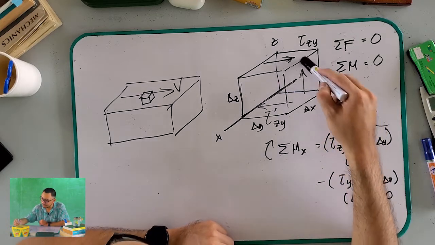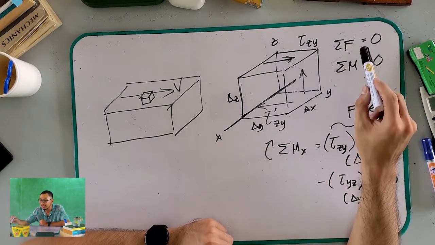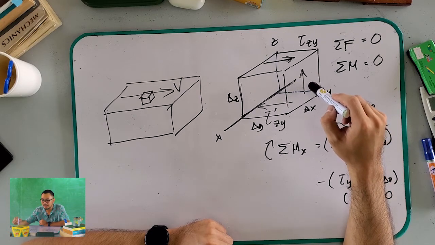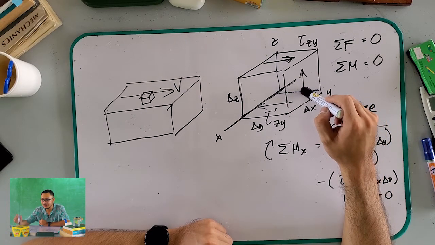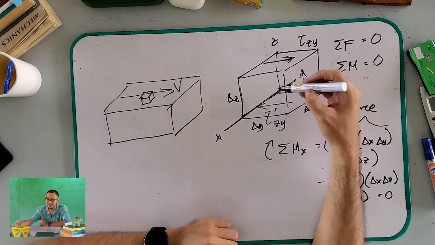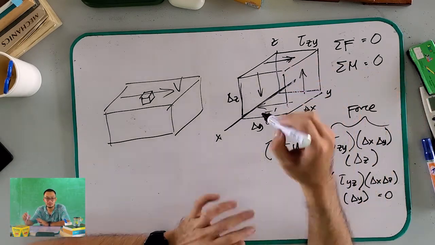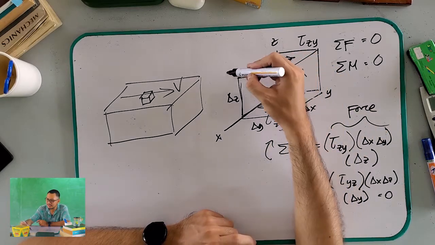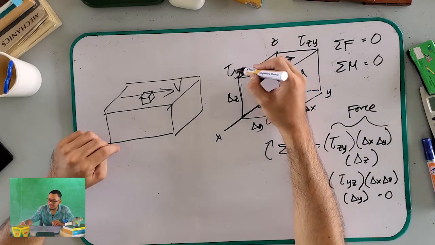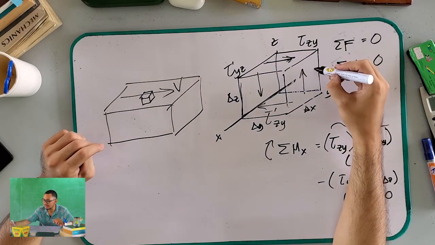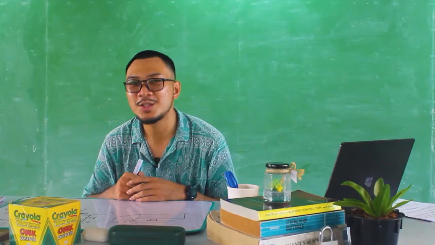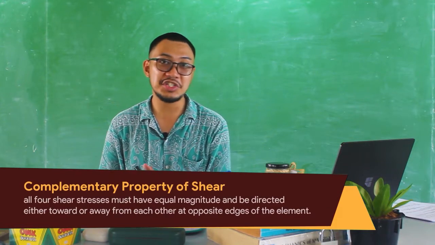And para ma-equate po ni siya, ma-equilibrium po ni siya sa atong force, dapat na po ni siya partner. It should be located on the other side of the element and it should be going down. So atong tawag ani is tau yz, tau prime yz, and this is your tau yz. So ingana lang siya. So therefore, this kind of equilibrium sa atong shear stress is actually what you call the complementary property of shear.